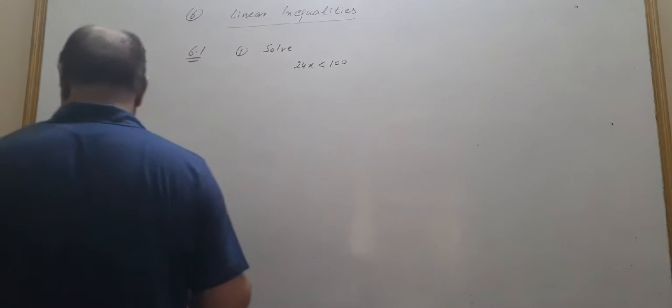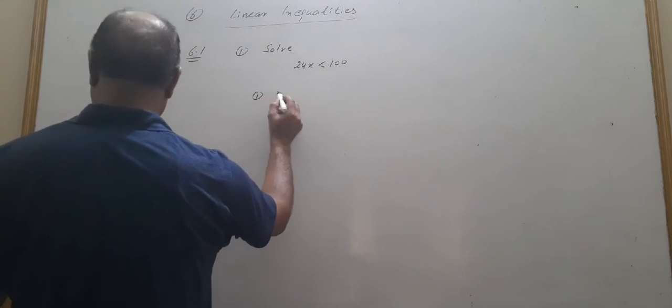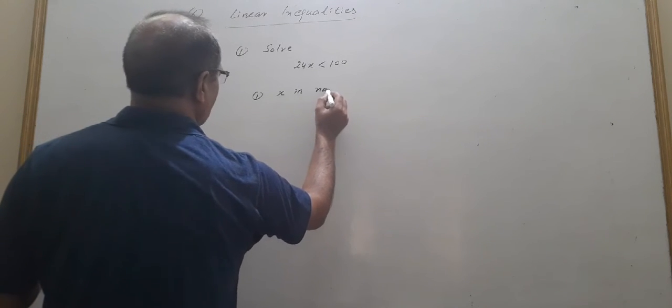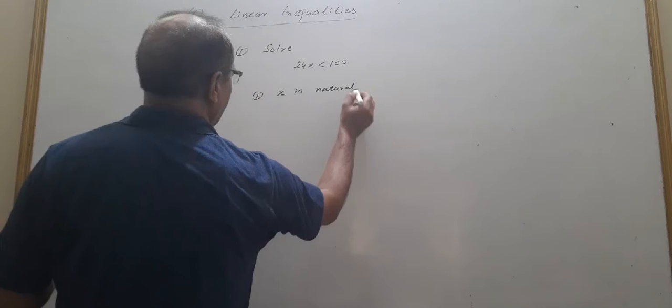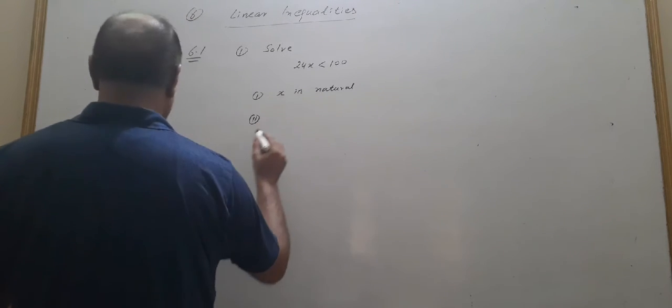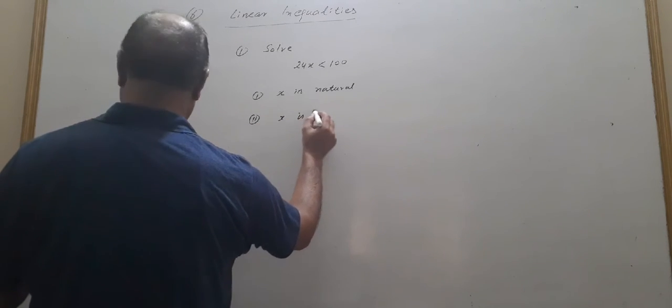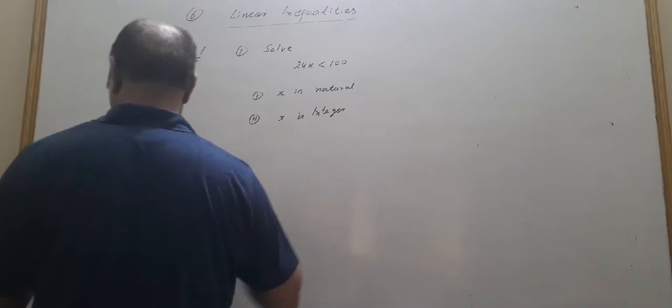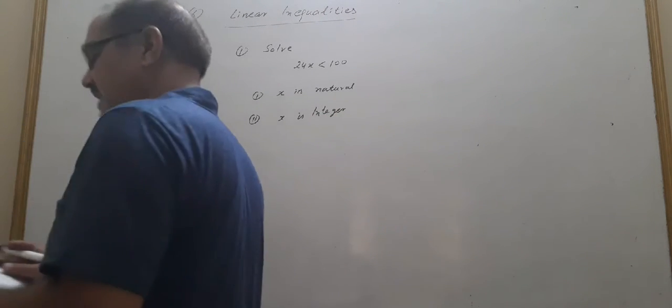You have to solve it for x. And what are the conditions? Number 1, when x is a natural number. In the first case x is a natural number and in the second case x is an integer. So these are the two problems: one, x is a natural number, and second, x is an integer.